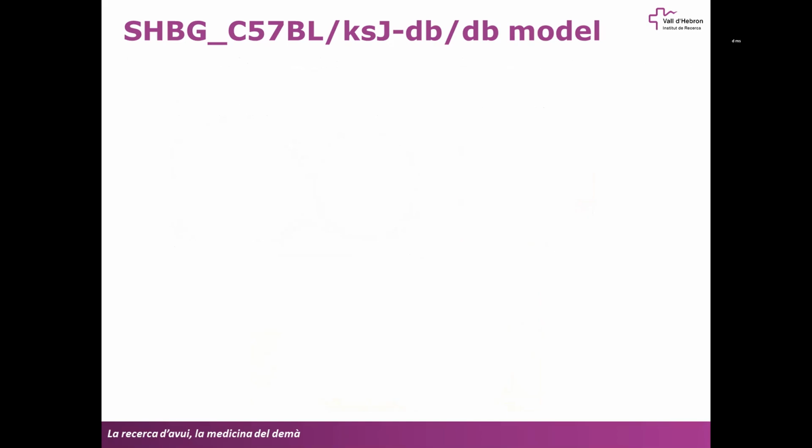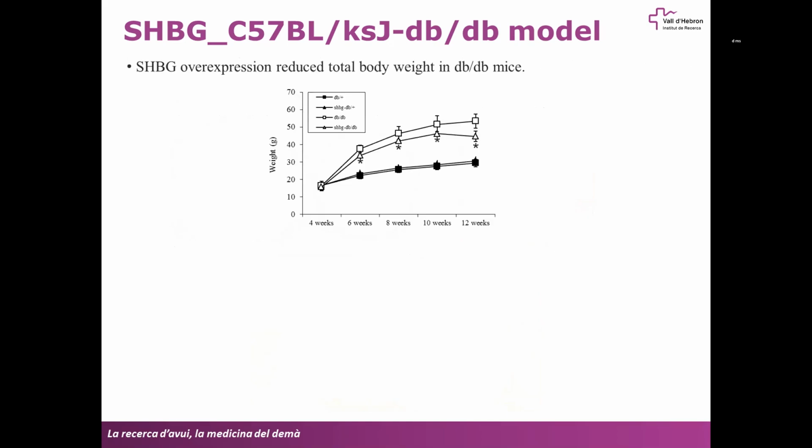So when we characterized these mice, what we saw is that in the obese and diabetic mice that have these mutations, when you introduce the overexpression of SHBG, you can see a reduction of about 15 to 20% of the weight of these mice.